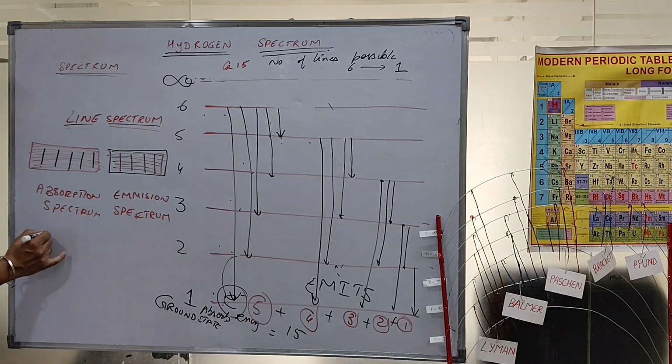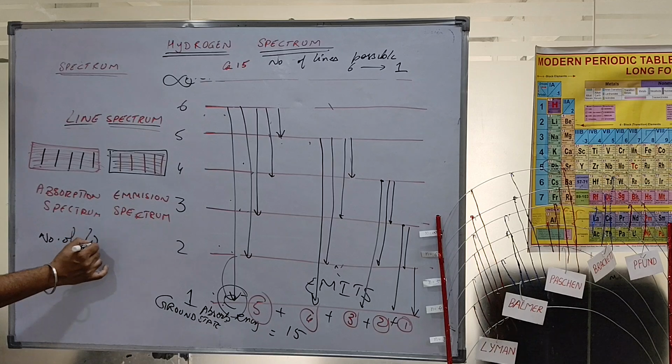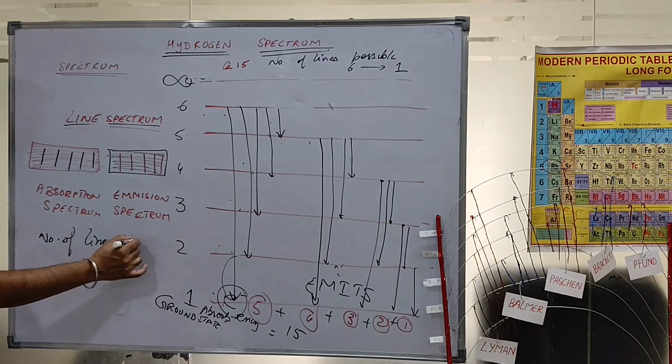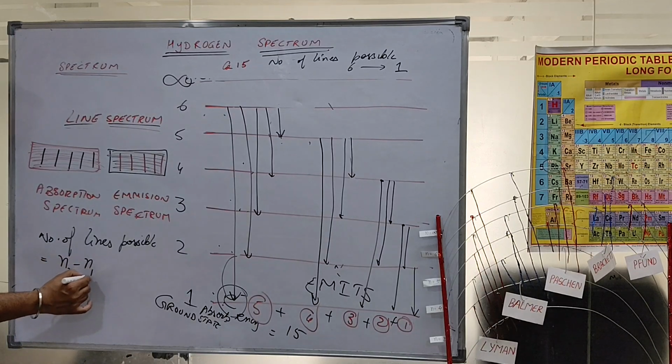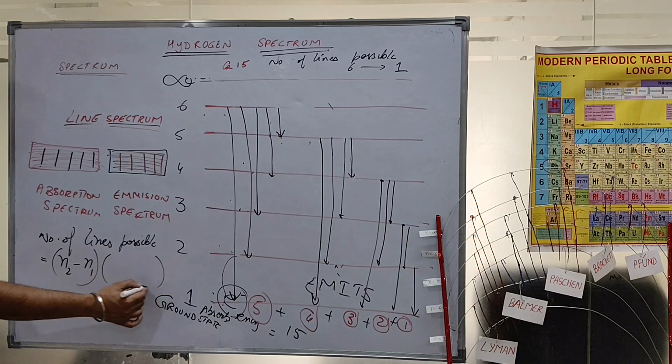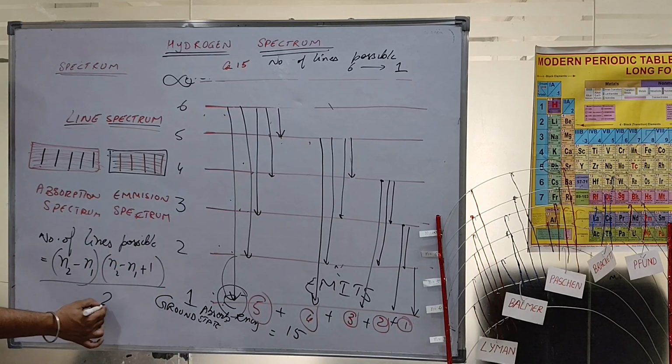And now this is the formula. Number of lines possible is equal to (n2 minus n1) into (n2 minus n1 plus 1) divided by 2, where n2 is the higher level and n1 is the lower level.